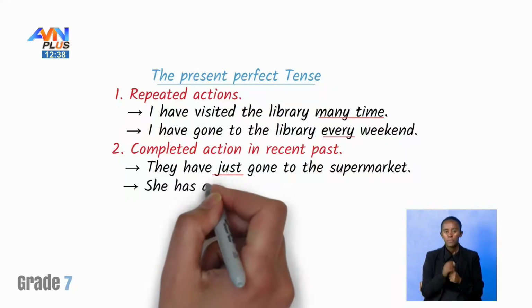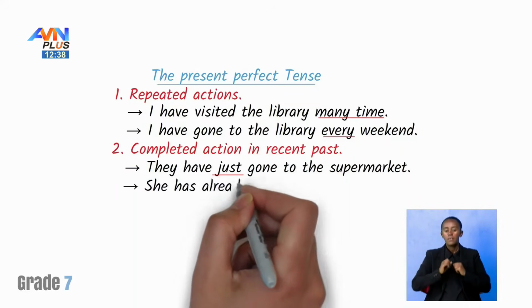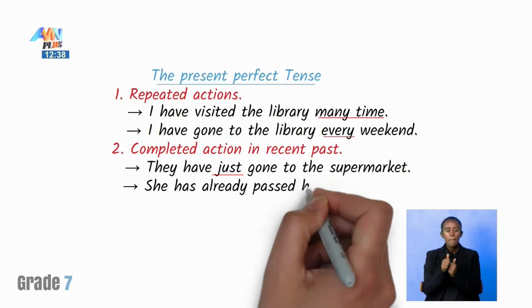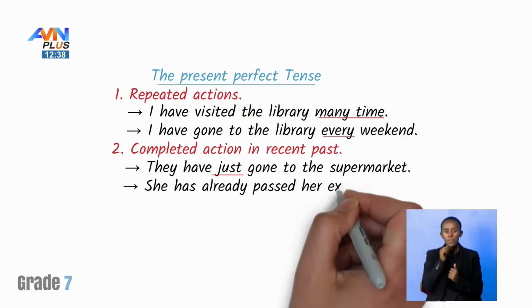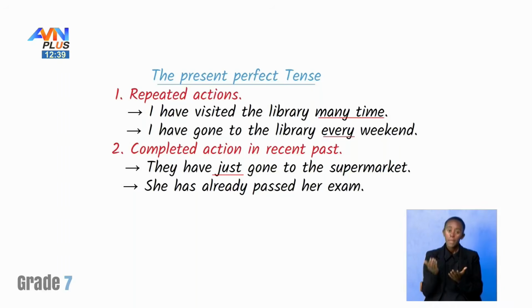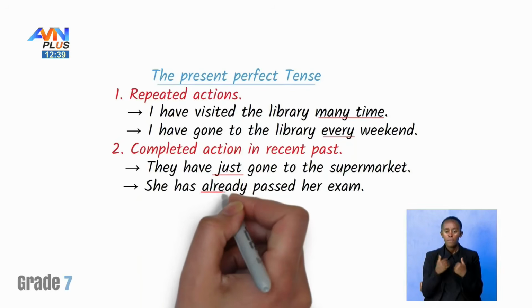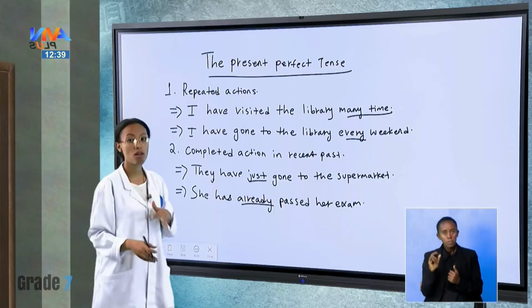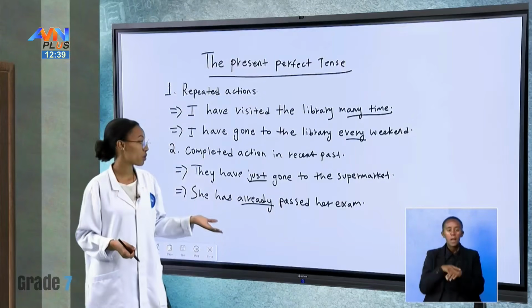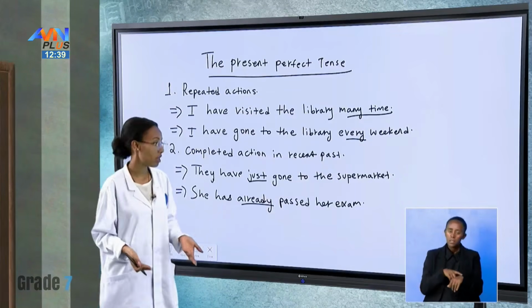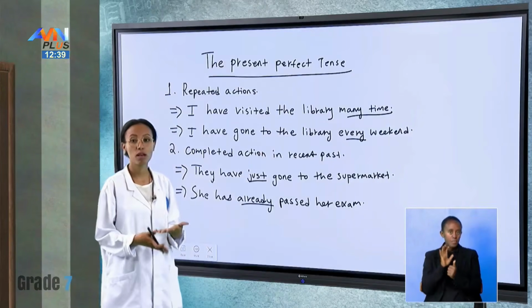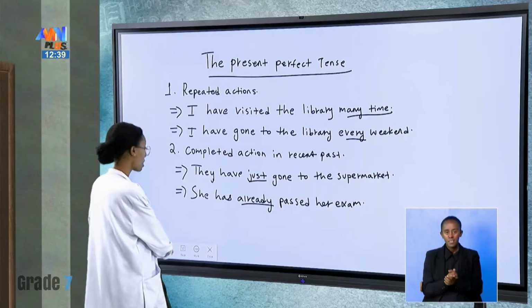She has already passed her exam. Already here is also a common time expression that is showing us a time. So it is very recent to the present, even though the action is completed.